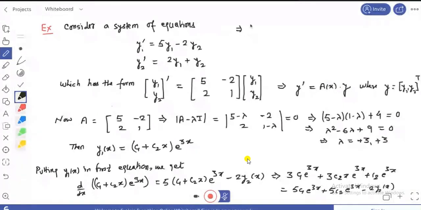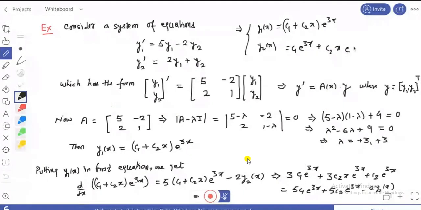Your solution is basically y1(x) is (c1 plus c2 x) e to the power 3x, and y2(x) from here, subtracting the c1 and c2 terms, equals c1 e to the power 3x plus c2 x e to the power 3x minus c2 e to the power 3x.